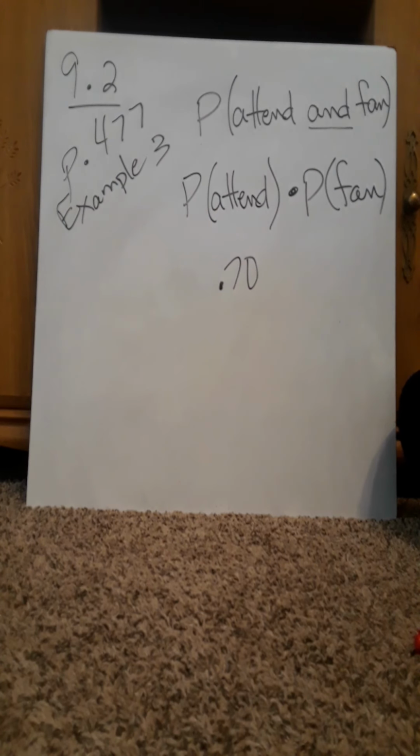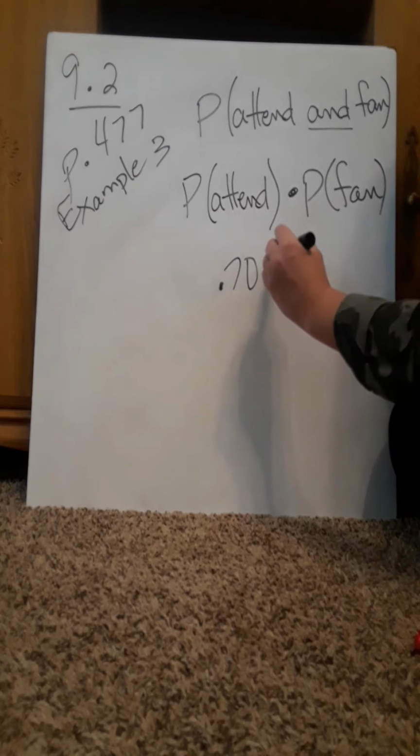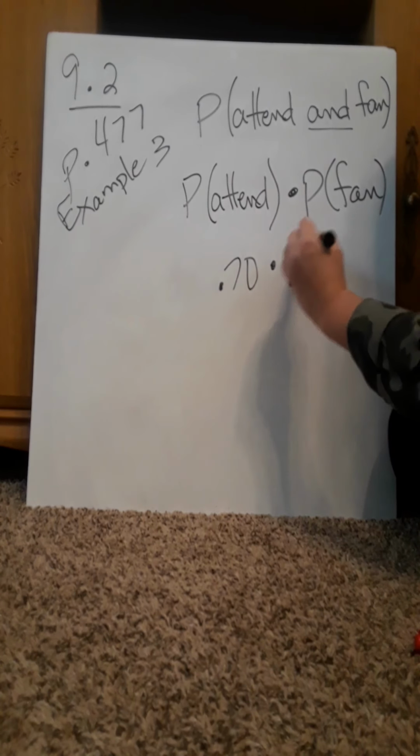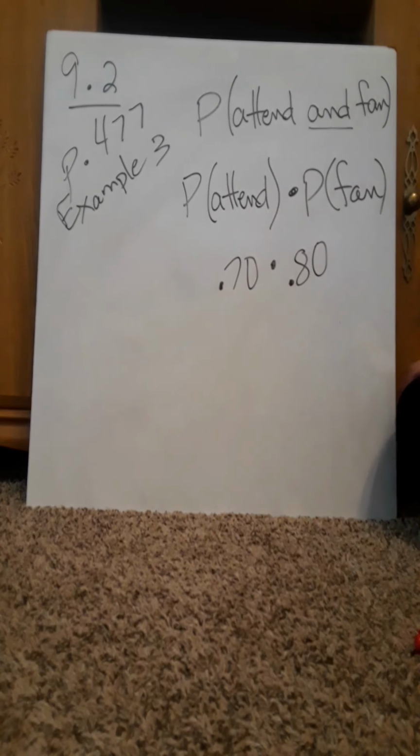Okay, that's going to be your 80%. 80% of the students who plan to attend are fans of the band. So we have 70% plan to attend times 80% who are fans. That's your 0.80. And then you can just multiply that together.